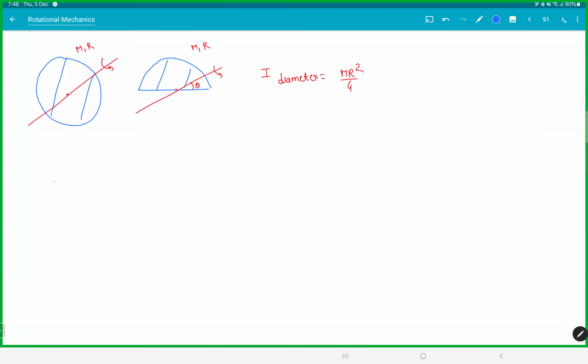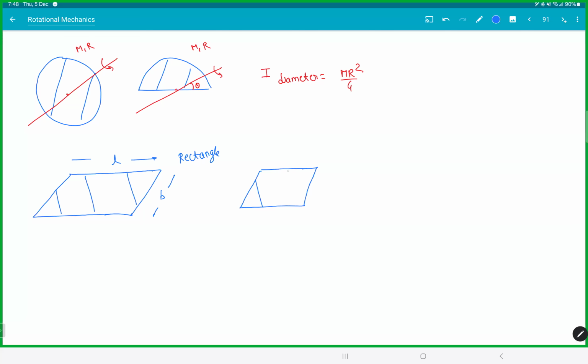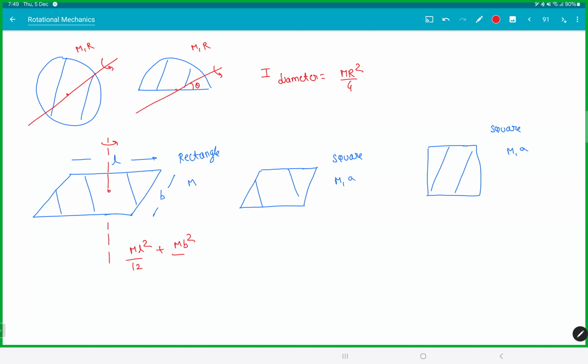Then we have our square plate. Let's say if you have rectangle, about an axis perpendicular to the plane, ml square by 12 plus mb square by 12.